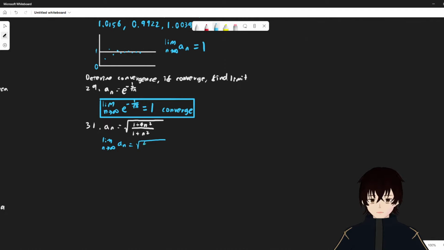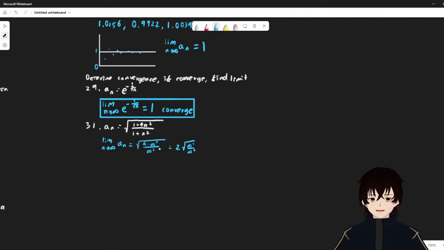It's going to be equal to 4 times infinity squared over infinity squared, which equals 2 times infinity squared over infinity squared.